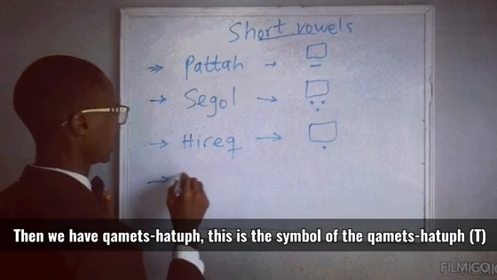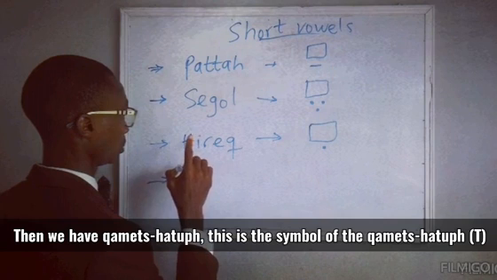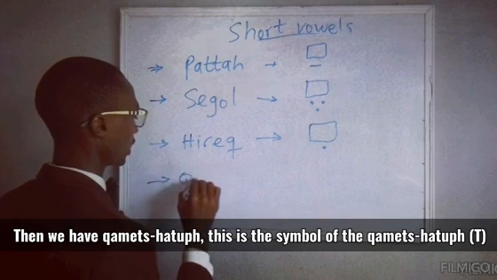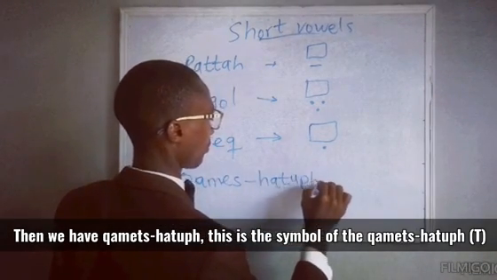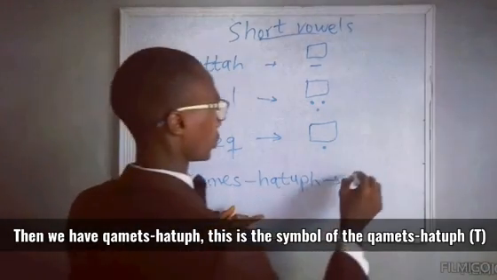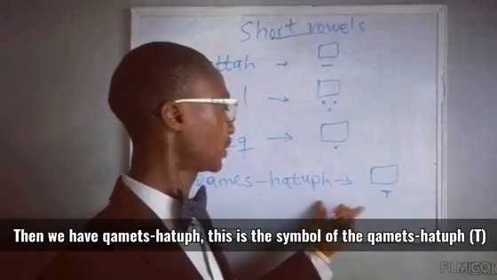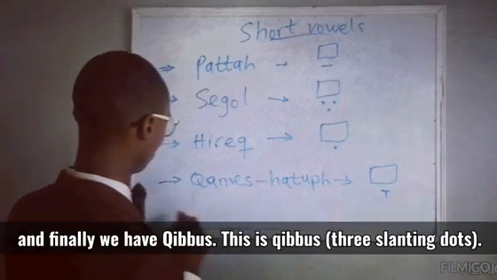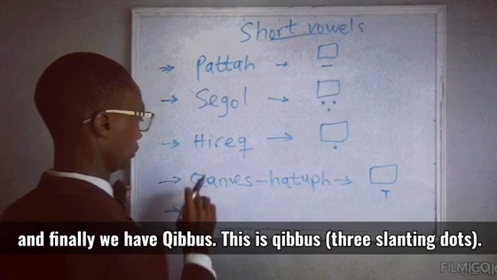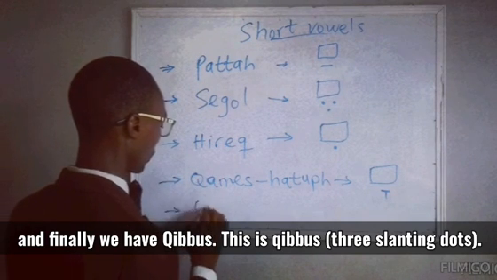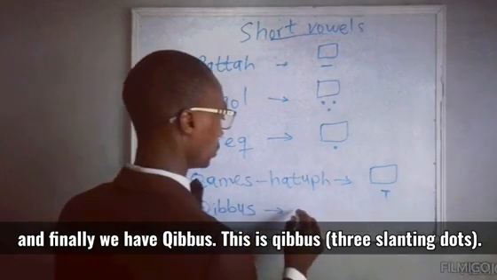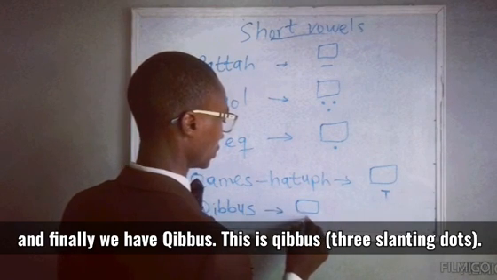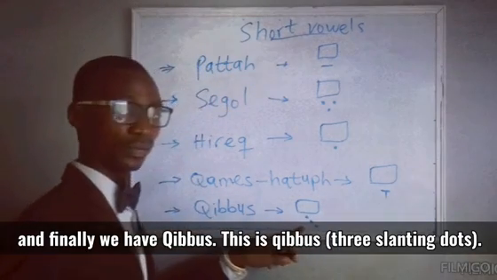Then we have kamet atuf, and this is the symbol of the kamet atuf. And finally, we have kibus, with this symbol.